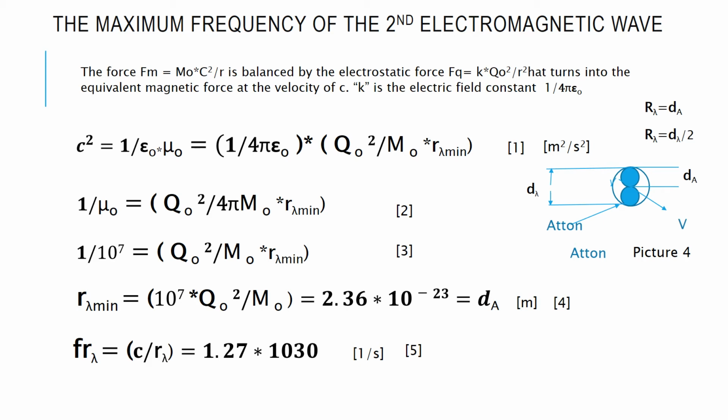So again, these particles are flying and are held in equilibrium because the centrifugal force of the mass is held in equilibrium through the force of the charge. Then you can dissolve this formula in accordance to c squared, and c squared, of course, is 1 divided by the permittivity and the permeability constant, and then that quickly creates formula 1.